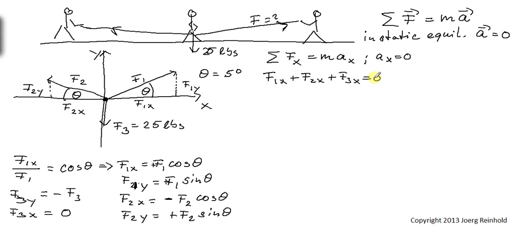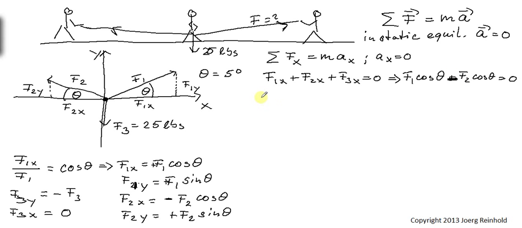I know what all these components are, so from that it follows F1 times the cosine of theta plus F2 times the cosine of theta. F3x is 0, so that is 0. And I made a mistake, because this component here was negative. So this has to be a minus sign here.